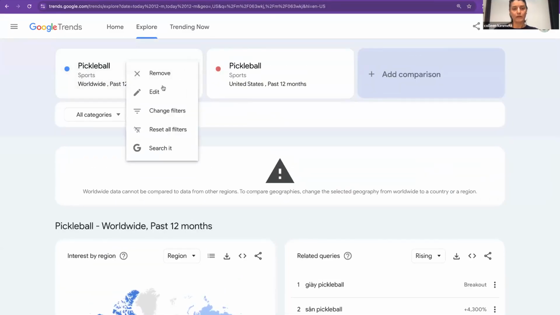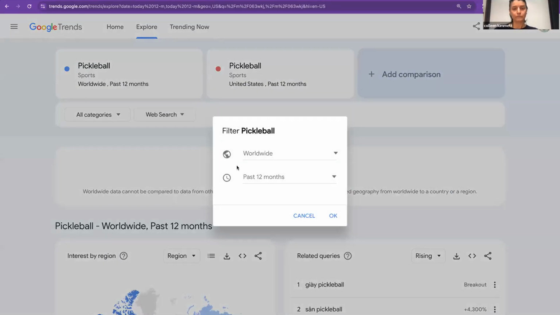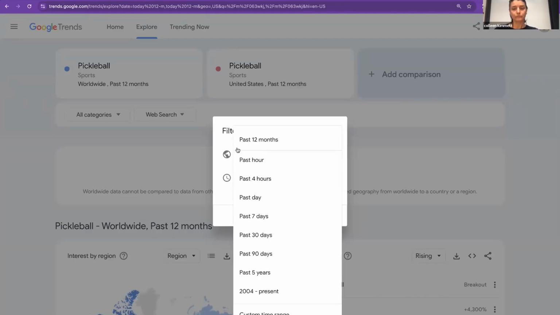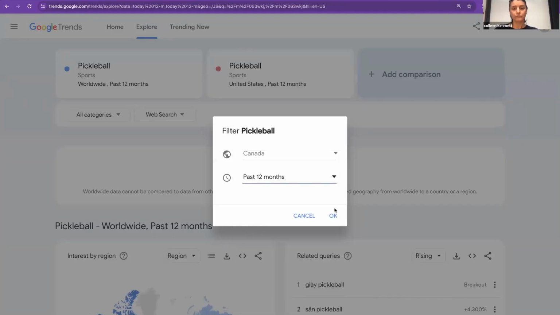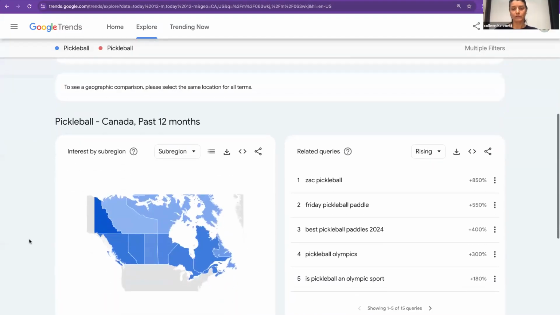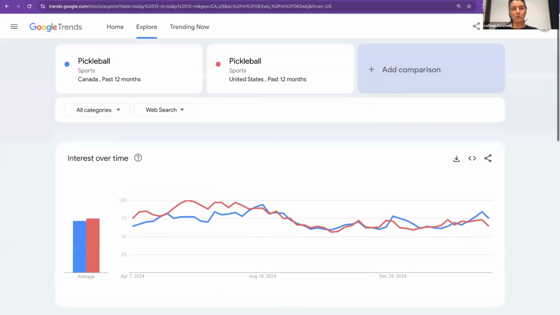And this should be back to Canada. So now I'm looking at search interest in pickleball in Canada the past 12 months compared to search interest in pickleball in the US over the past 12 months. And actually it's pretty close.